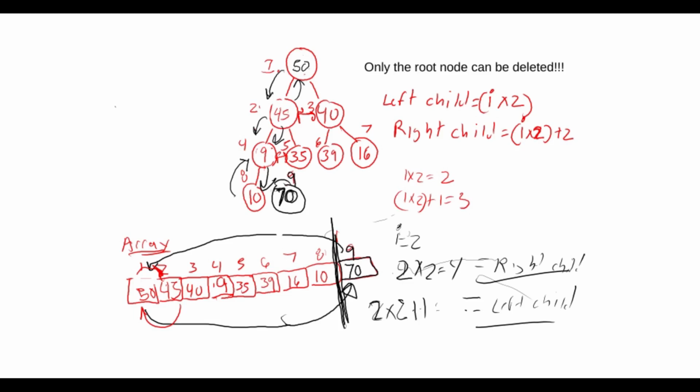We only have the left child, so it is 4. Since 9 is at index 4, times 2 equals 8. So we do the swap for the left child.